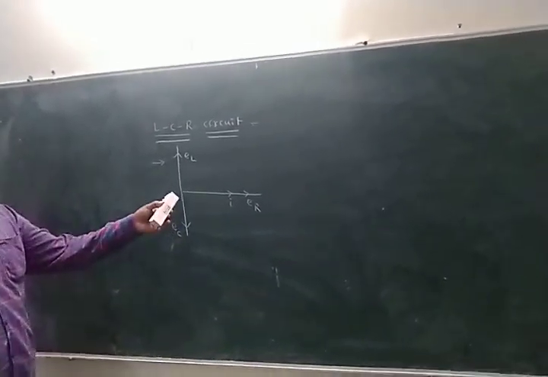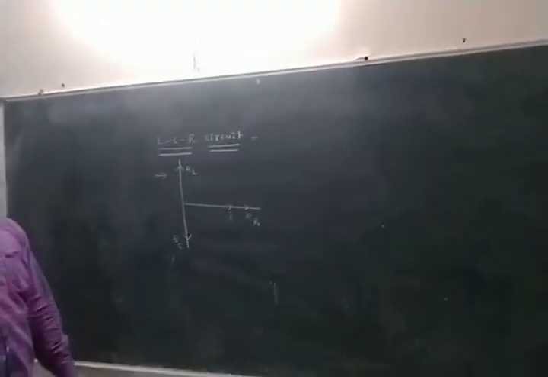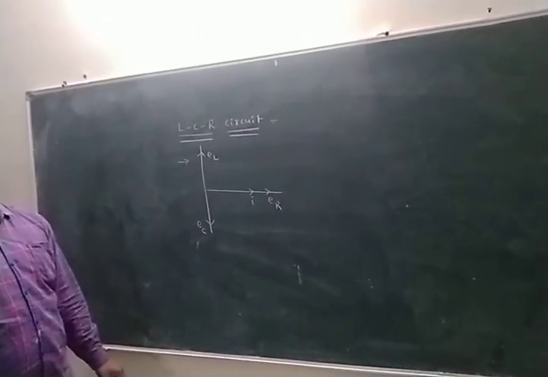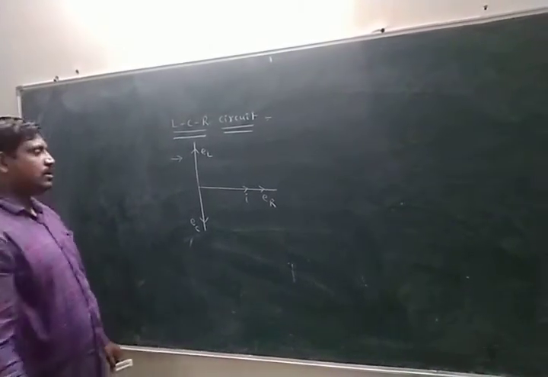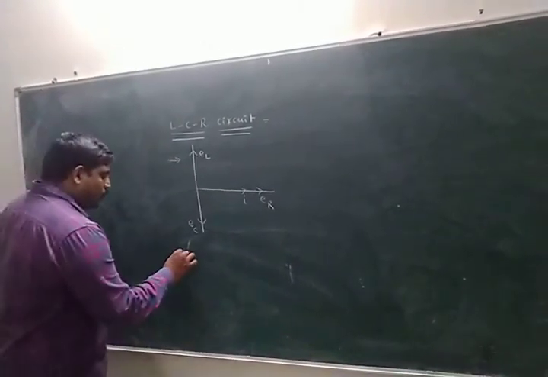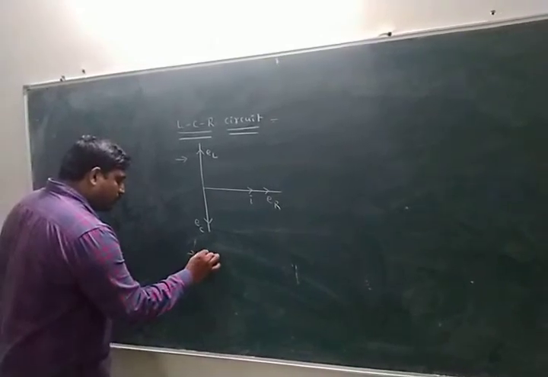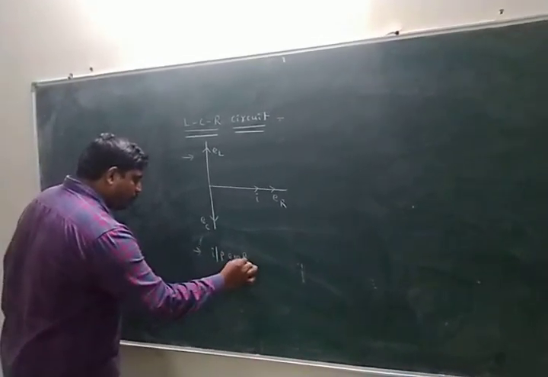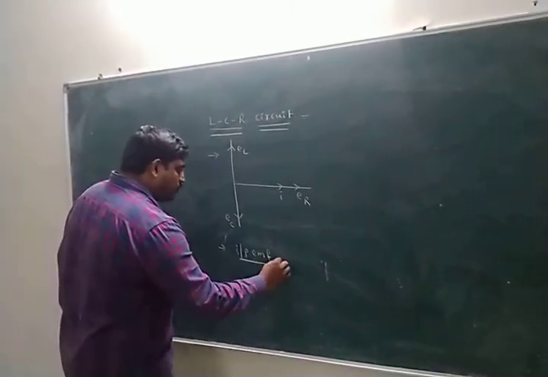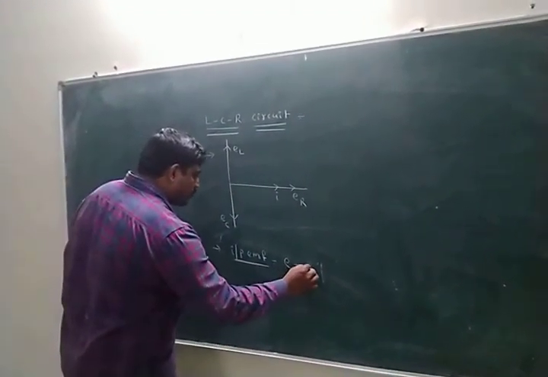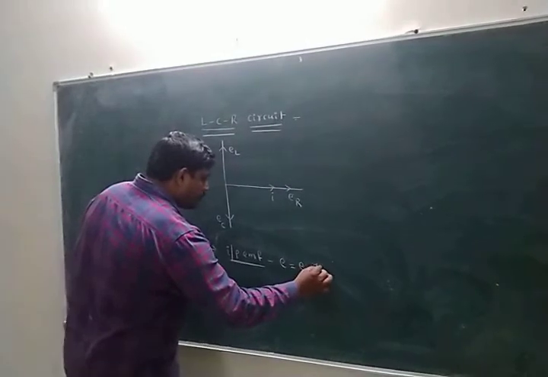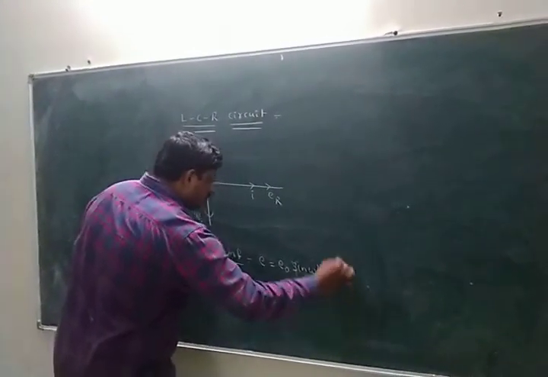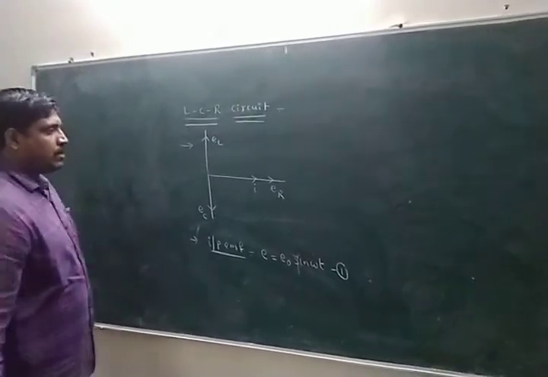This is called the phase diagram or phasor diagram of alternating currents. But what is the input EMF? We know that the input EMF formula is E equal to E0 sin omega t, equation number 1.